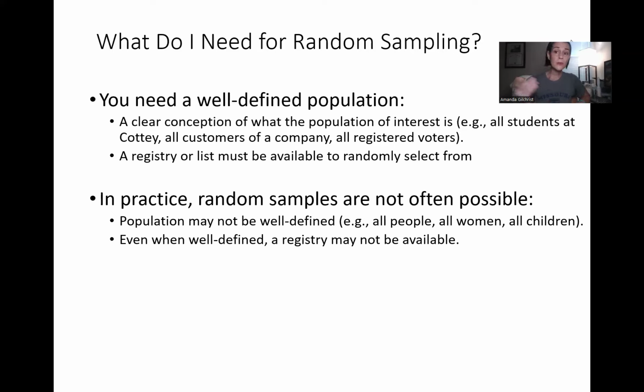And additionally, even when things are well defined, a registry may not be available to you. So for example, when I was in graduate school and we were trying to recruit children for research studies, we previously had gotten a list of all children in the public schools, and we would randomly draw from that list. Eventually, over time, due to some unfortunate things that happened, that list was no longer made available to us.